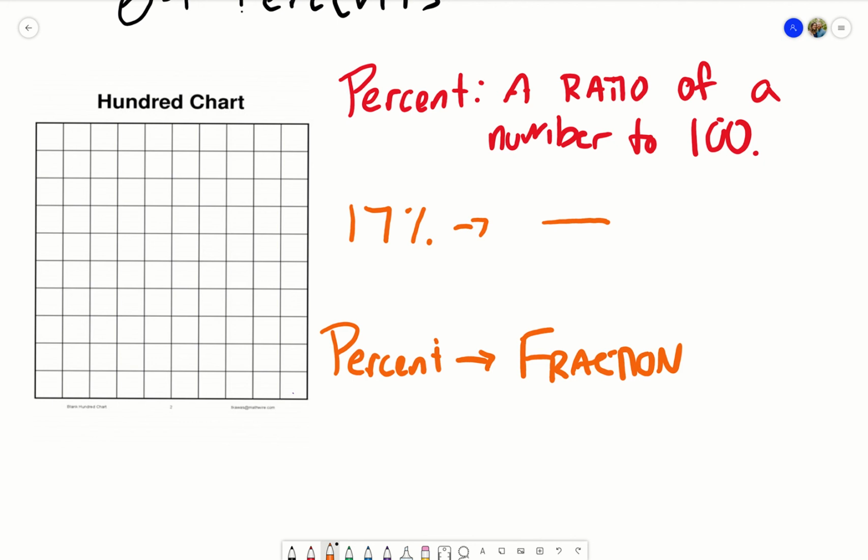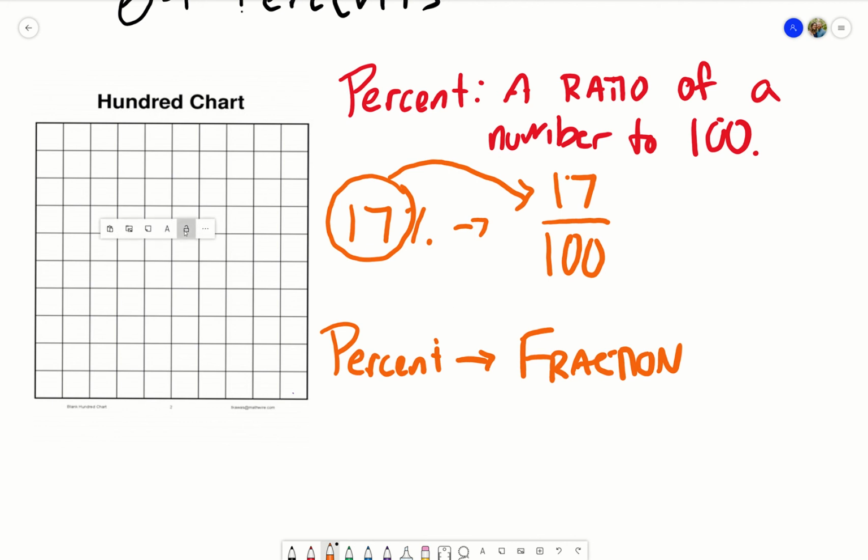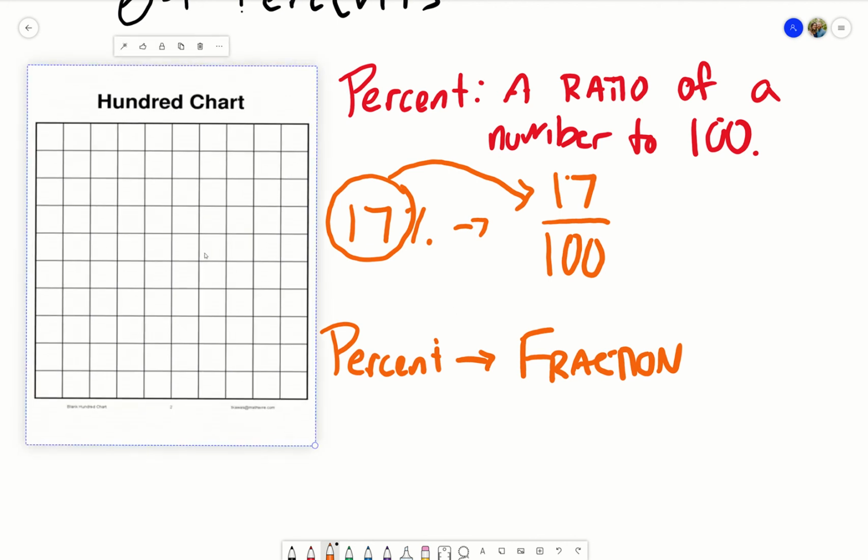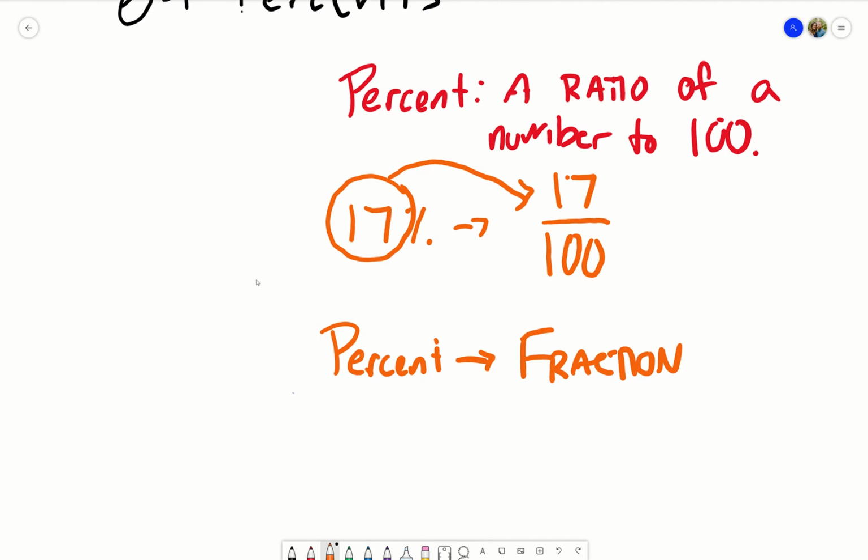All percents are out of 100. A percent is always going to be out of 100. And then our top number is that percent. So this would be 17 out of 100. Percents are always, the top number is the numerator and the bottom number is 100. It just works that way all the time.